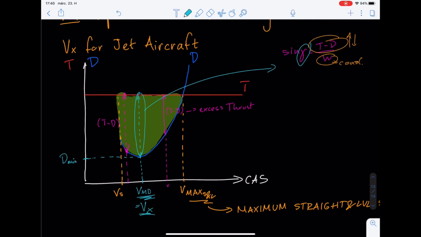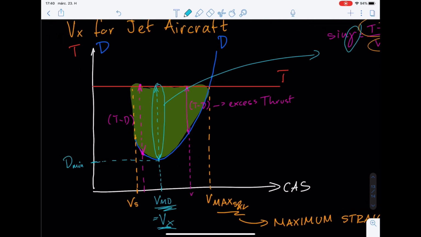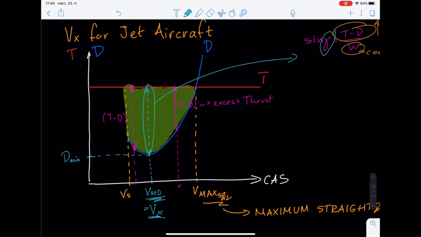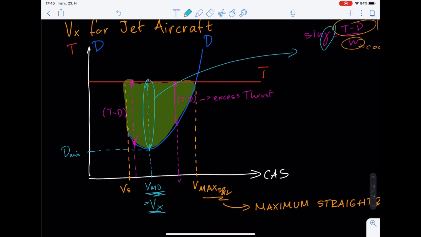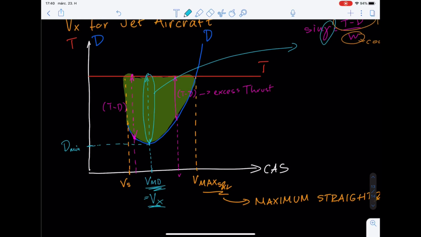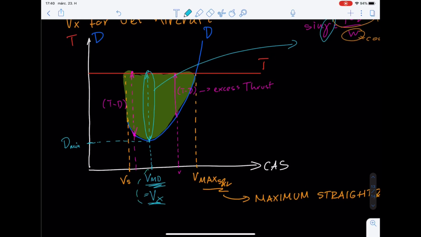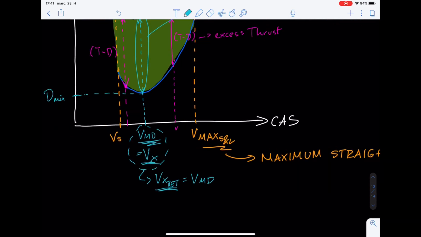But Vx is not a constant and it's not the same for the propeller aircraft, which is why we call it Vx, not VMD or VMP. So don't remember that Vx is always VMD; remember that the Vx for the jet, the speed for the best angle of climb, is equal to VMD.